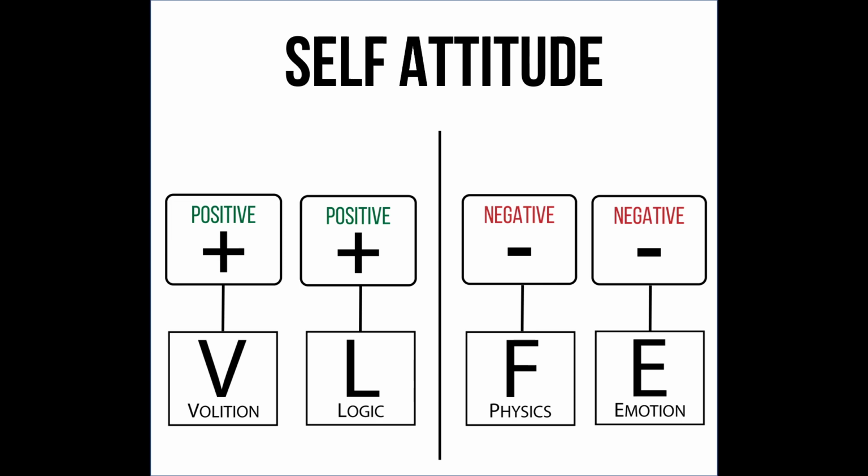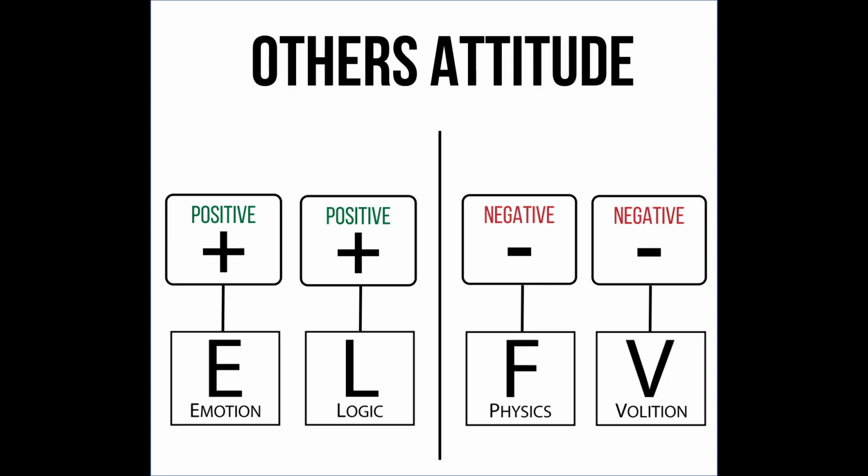Now, once we add the self attitude with the others attitude, this is when you get the full picture of somebody's type. So the others attitude, as you notice here, emotions and volitions switch spots. And this is a pattern that I've noticed in every person.